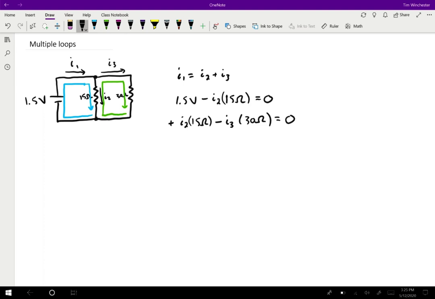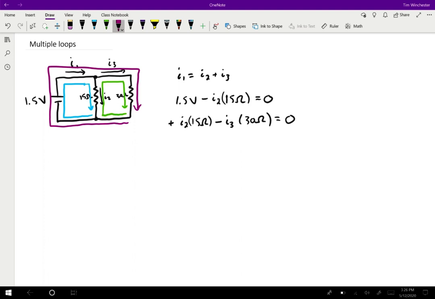Okay, but there's actually a third loop. The third loop is the big one. So if I start here, go around, keep going, all the way around, back this way, that's a third loop. It's a perfectly good loop. There's nothing in the junction rule, there's nothing in the loop rule that said that there couldn't be other branches involved.